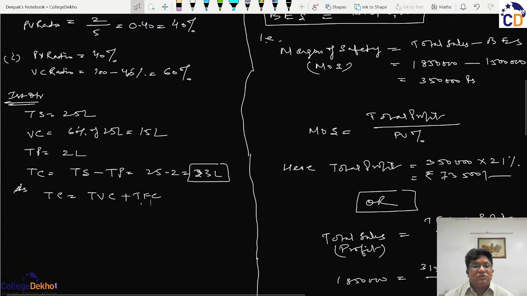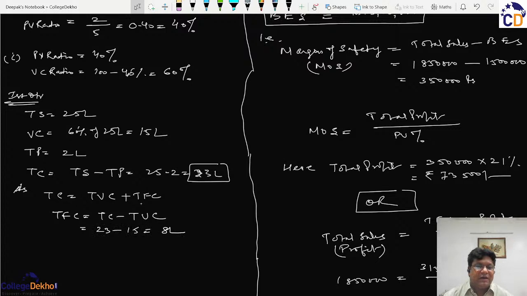This is just the practice question, so we presume that all these fundas are known to you and understood by watching our earlier sessions. So the total fixed cost here will be equal to total cost minus total variable cost, that is 23 minus 15, that is 8 lakhs.